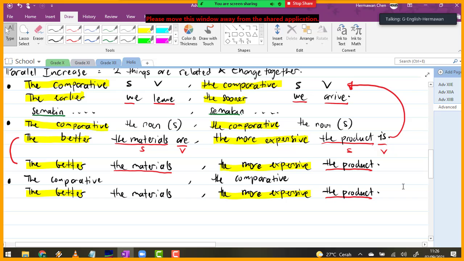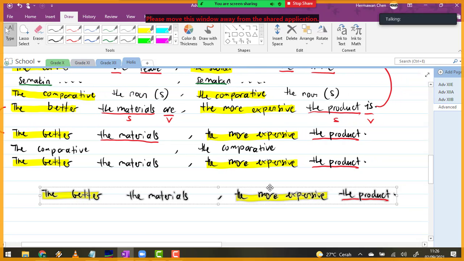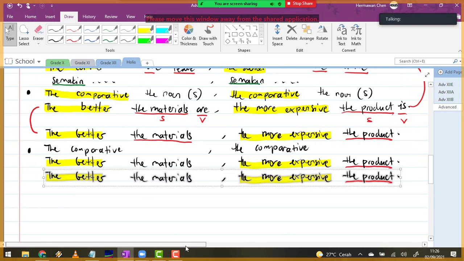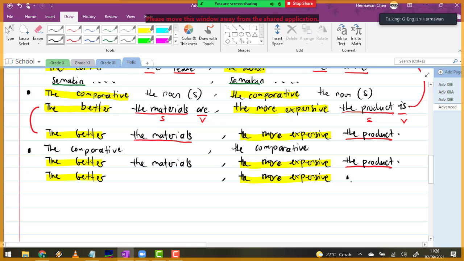From the better the materials, the more expensive the product, it becomes this. What you have to do is to delete the noun. There you go. That's the result: the better, the more expensive. Semakin bagus, semakin mahal. That's the meaning. Okay, that's how you do it. We delete the noun and the noun.